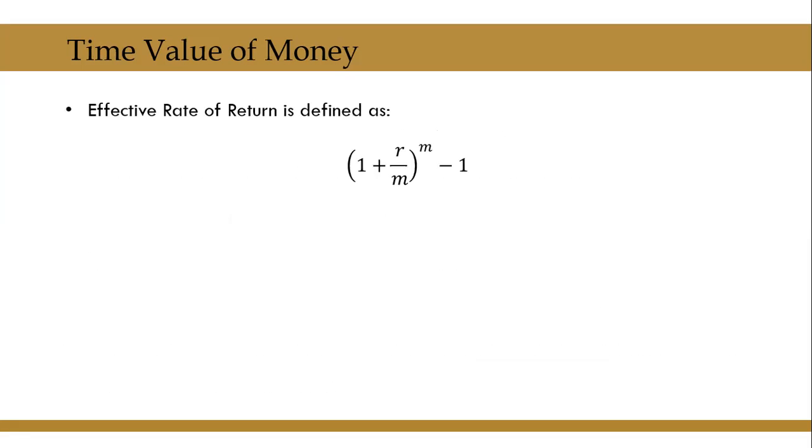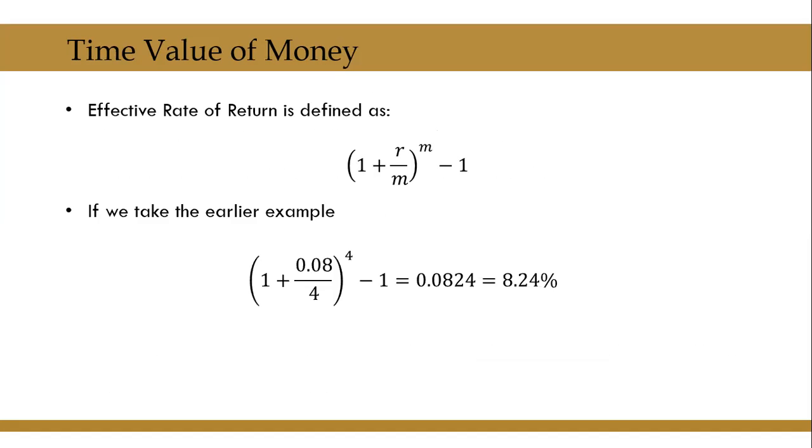The effective rate is defined as 1 plus R by M to the power of M minus 1. This is the formula for effective rate. So, if we take the earlier example where it was 8% per annum compounded quarterly, your effective rate of return will be 1 plus 0.08 divided by 4 to the power of 4 minus 1, which is 0.0824.